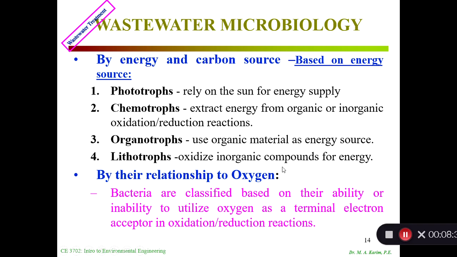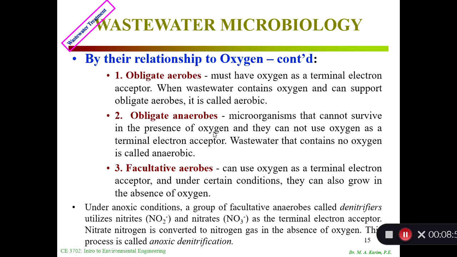And by the relationship to oxygen, bacteria are classified based on their ability or inability to utilize oxygen as a terminal electron acceptor in oxidation reduction reactions. And these are obligate aerobes. We call it aerobic, must have oxygen as a terminal electron acceptor. When wastewater contains oxygen, it can support obligate aerobes.